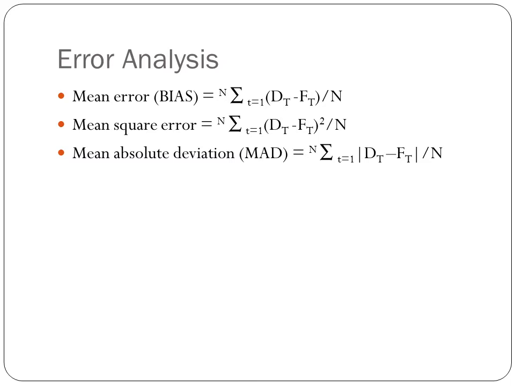If dt for a particular month is 5 and ft is 6, then 5 minus 6 is minus 1, but I will take 1 in mean absolute deviation, whereas in bias it would be minus 1. That is the difference. And tracking signal is just the summation of t equal to 1 to n of dt minus ft, divided by mean absolute deviation. These are the formulas. Pause the video and write down the formulas.